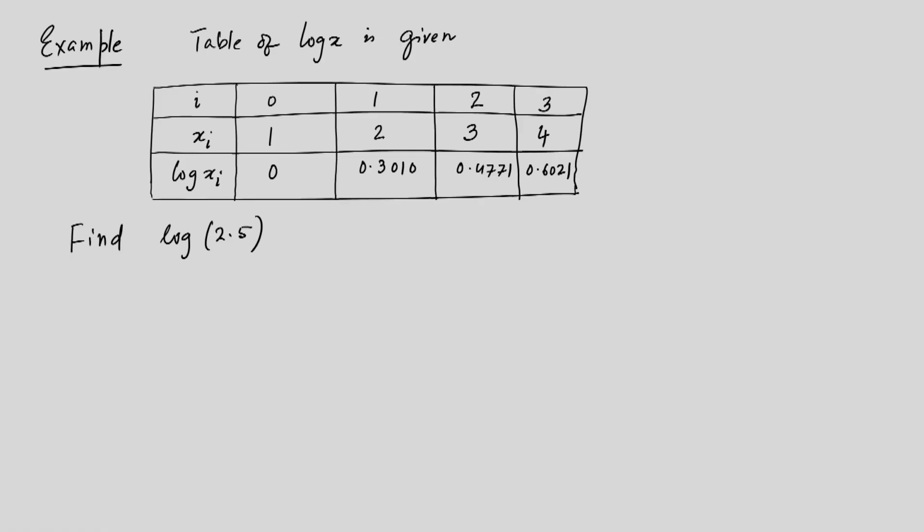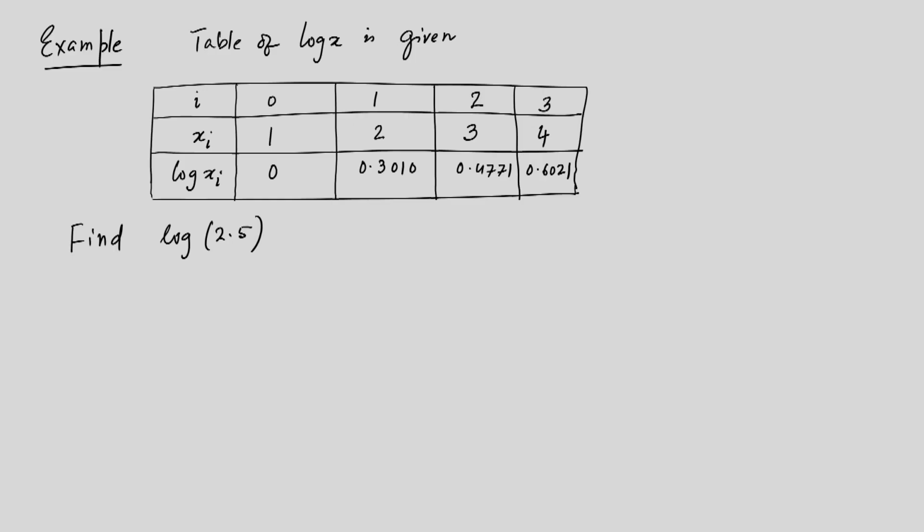Now, what you have to do is find log of 2.5, which is not given here, which lies between 2 and 3, doing a quadratic interpolation. Okay. So, quadratic interpolation, as we have told several times, requires 3 values.